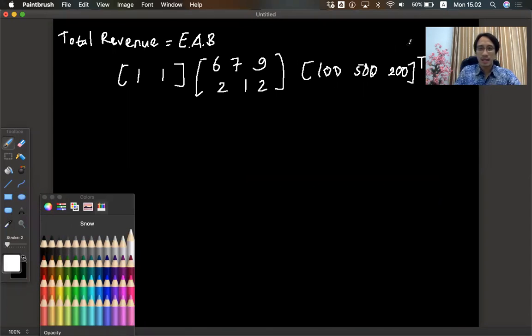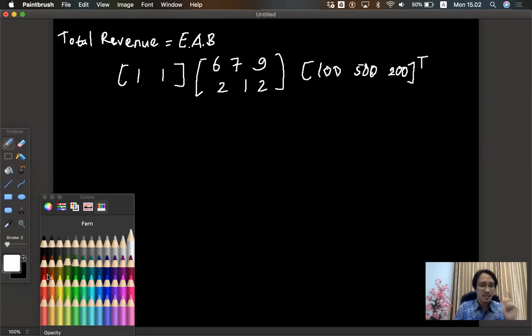So this is how we calculate it. The first thing is we have to recognize the order of each matrix. This one is 1 row, 2 columns, so 1 times 2 order.